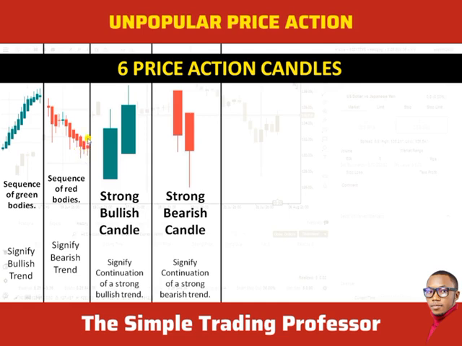This one has a wick on top and a wick underneath, they are called bearish candles. But this one that has a shaved top, no wick on top, we only have a wick under, it is called a strong bearish candle.